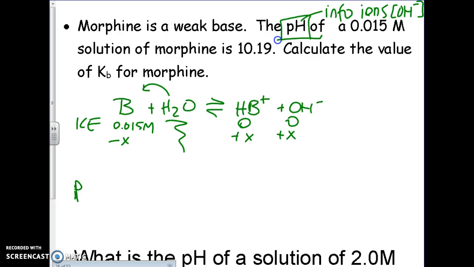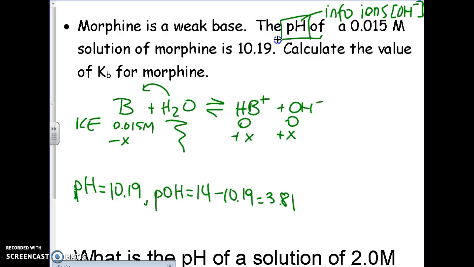So if pH is equal to 10.19, then pOH is equal to 14 minus 10.19, which is 3.81. If this is pOH, hydroxide concentration is 10 to the negative pOH, so 10 to the negative 3.81.